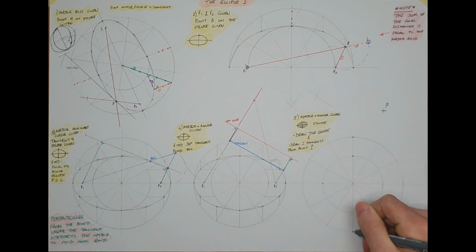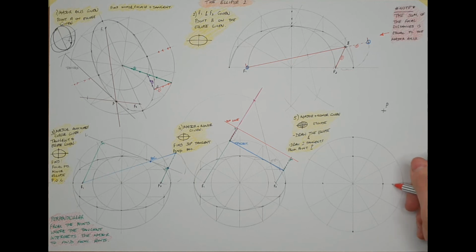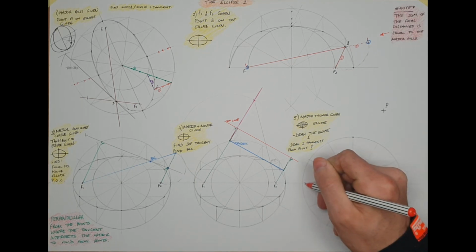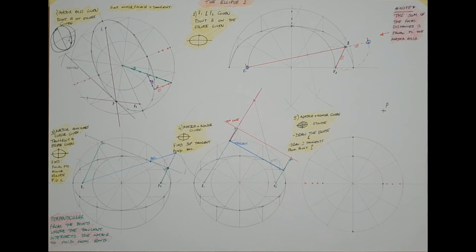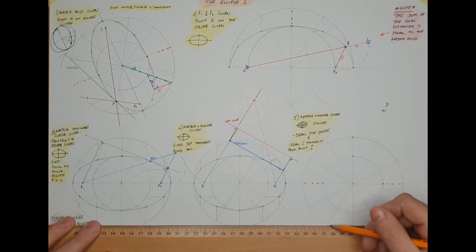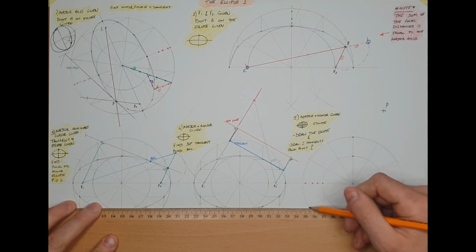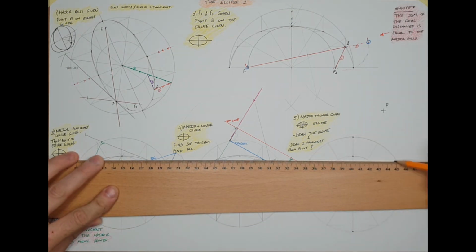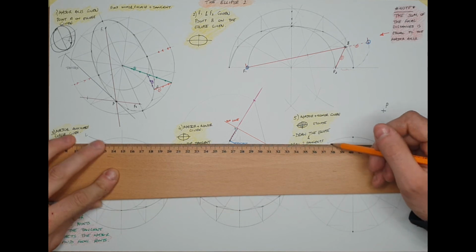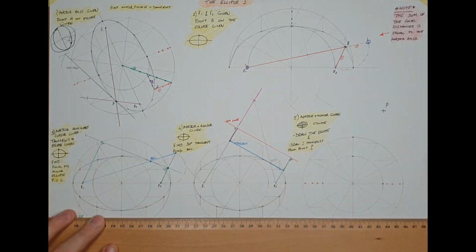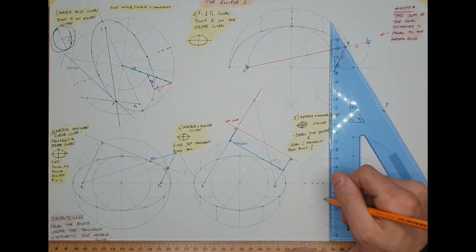Okay, just for the change. A vertical ellipse works like this, compressed in from the sides. So, using the same rules, we go in from the sides.